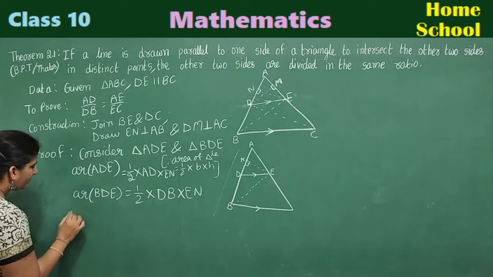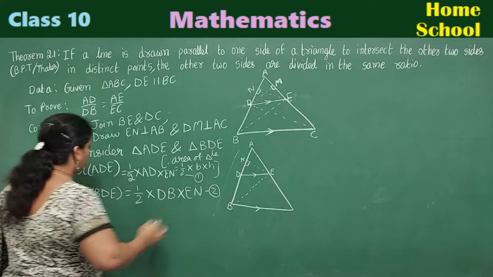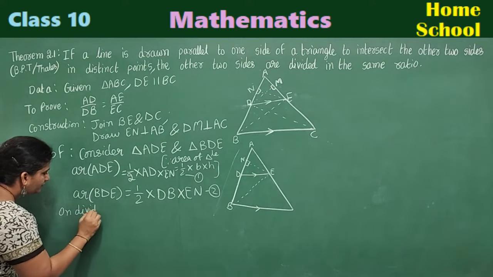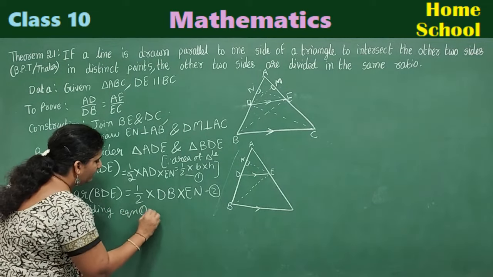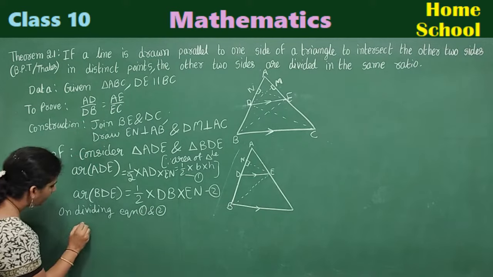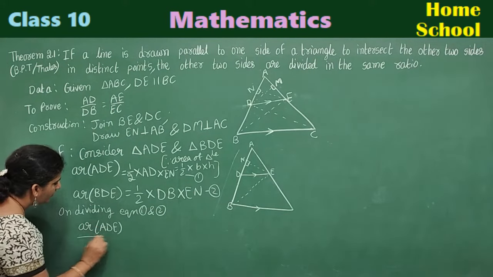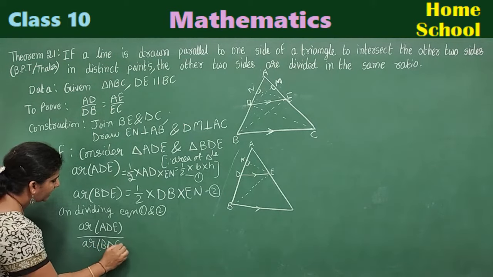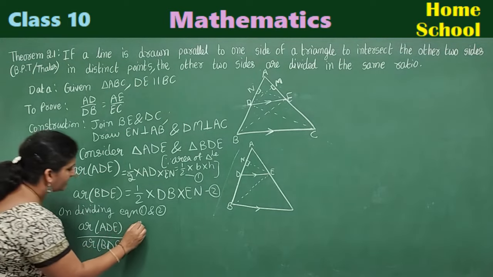Now, divide these two equations, 1 and 2. On dividing equation 1 and 2, area of triangle ADE by area of triangle BDE. LHS side you divide, RHS side.